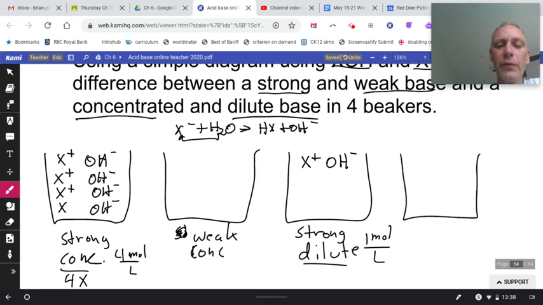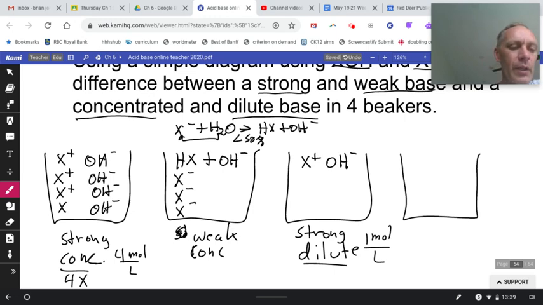If it's weak, less than 50% of them will react with water. So I'm only going to have one of them react and make HX and OH minus, and the other 3 will not react with water because it's less than 50% and it's concentrated.